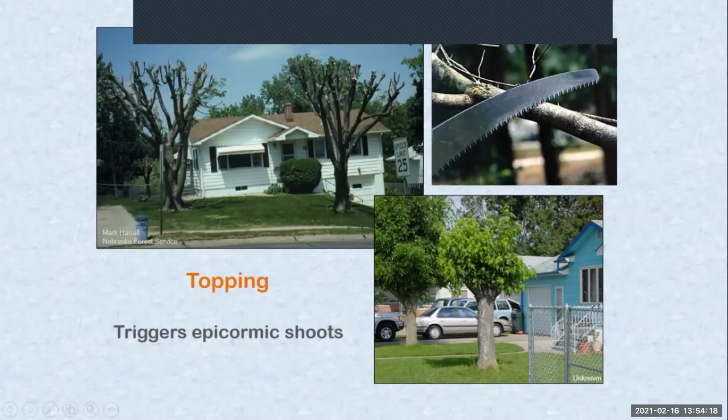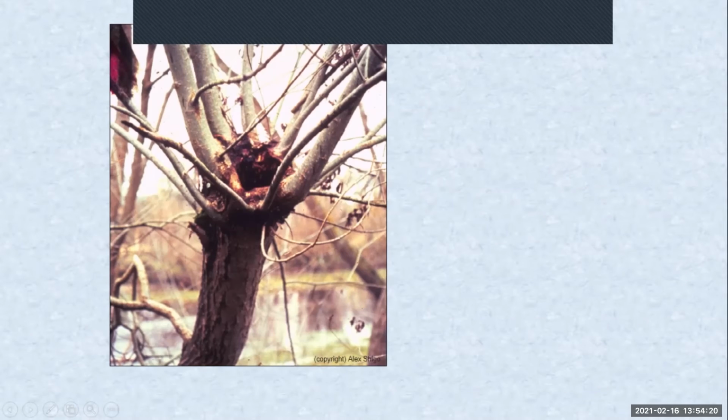And that injury stimulates those dormant points to grow, and you get these epicormic shoots that develop. In this case, the cut was made right across the middle of the branch there. It stimulated these sprouts to start growing.